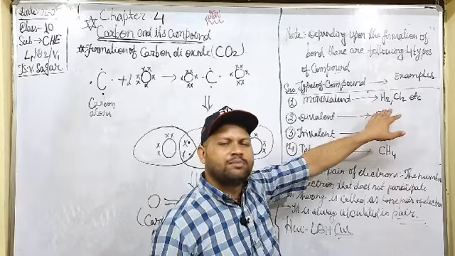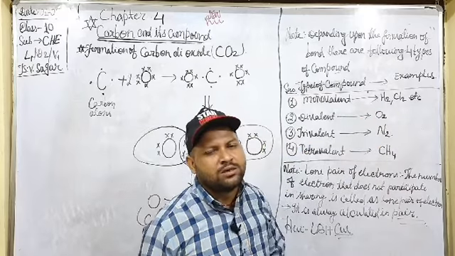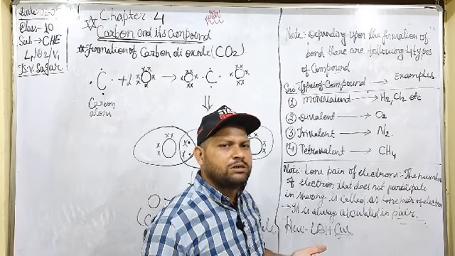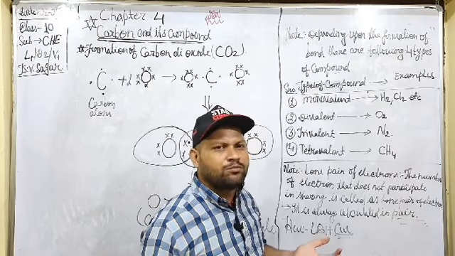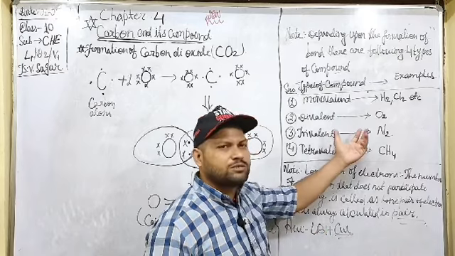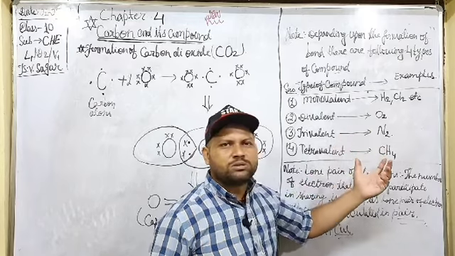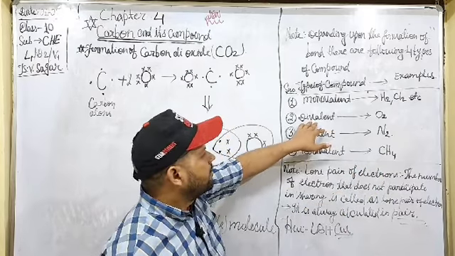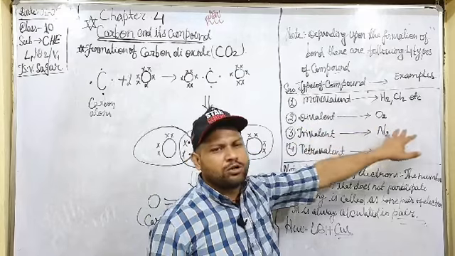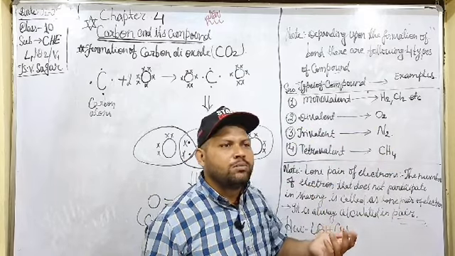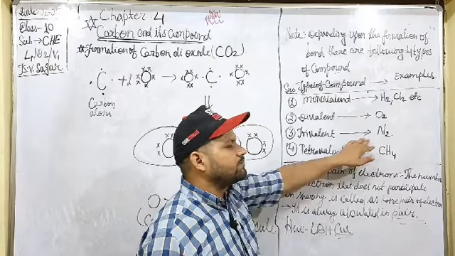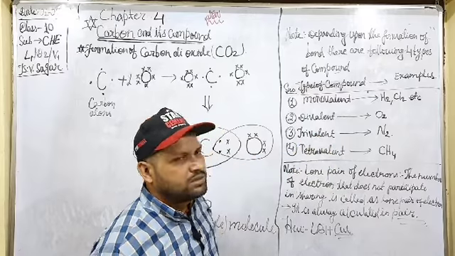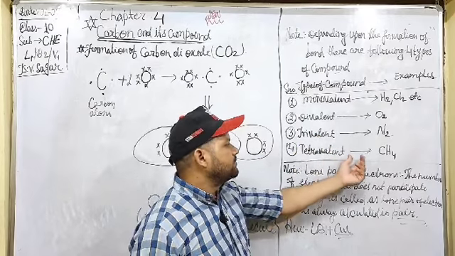Examples of monovalent compounds are hydrogen and chlorine. Formation of hydrogen molecules and chlorine molecules takes place with monovalent bonding, formation of oxygen molecules takes place with divalent bonding, and formation of nitrogen molecules takes place with trivalent bonding.